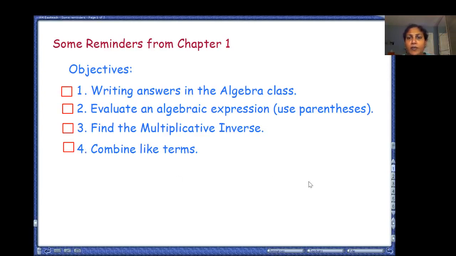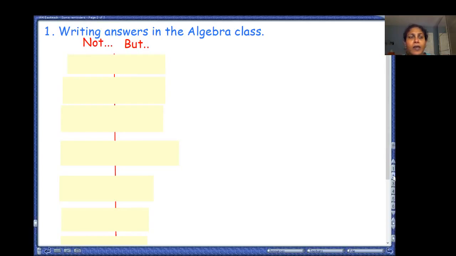So let's start with writing answers in the algebra class. Remember that in the algebra class, there are certain rules you have to follow when answering questions. So instead of writing 2 times 3, we are no longer going to use the x, we are going to use the dot, and it's going to be 2 times 3 with the dot.